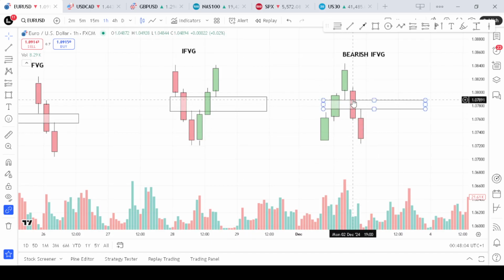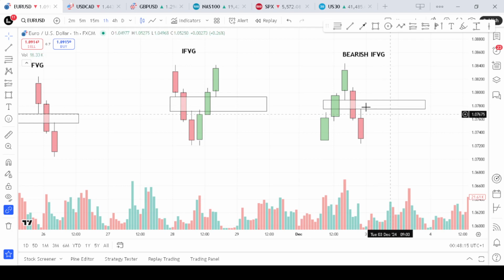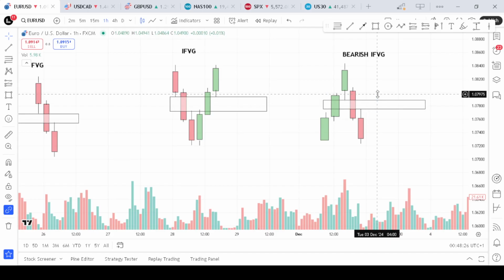The pattern often indicates strong selling pressure and can lead to downward movement. So this is an example of the bearish IFVG. When price returns to these levels, they frequently act as resistance zones, providing short trading opportunities. The key is to wait for price to reach these levels and show rejection before entering a trade.